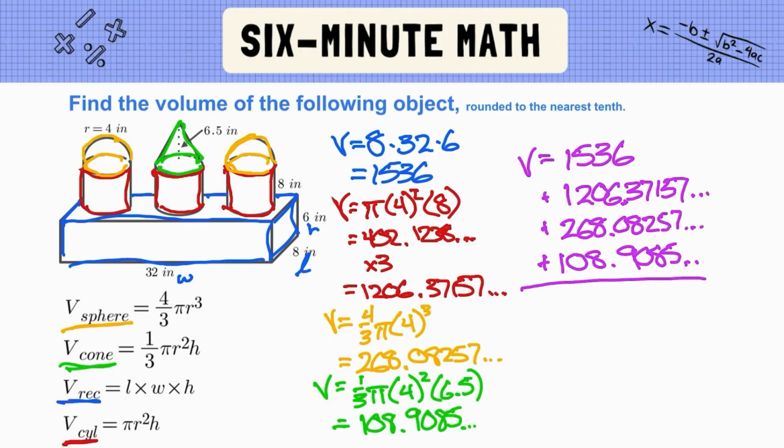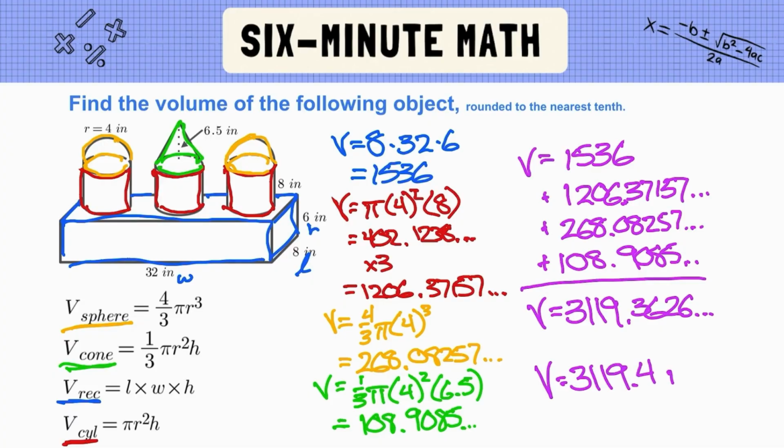I add all those up for a total volume of 3,119.3626. And then lastly, it asks me to round it to the nearest tenth. So I have a total volume of 3,119.4 cubic inches. Those are all the examples we have today for finding the volume of composite figures.